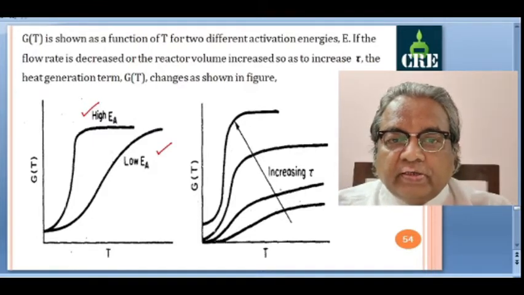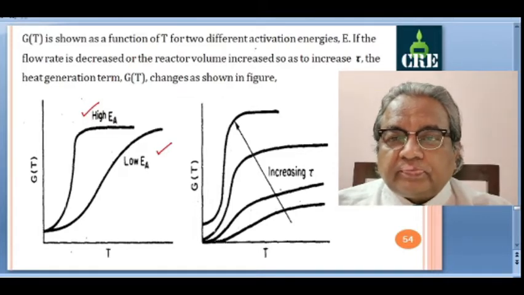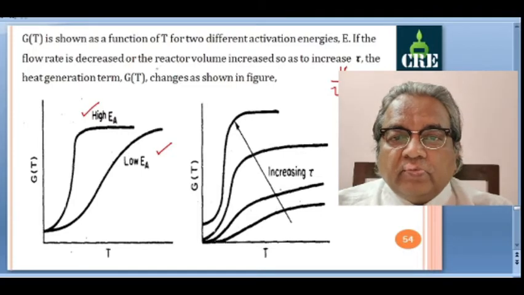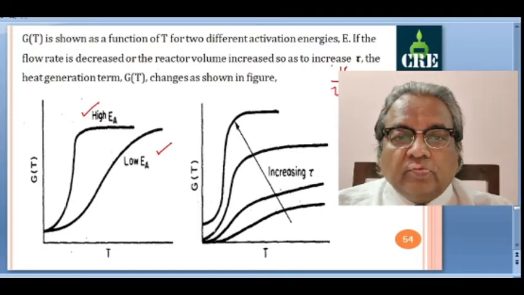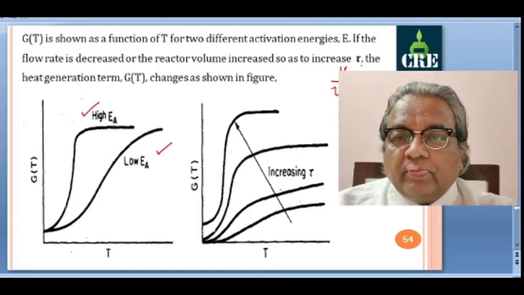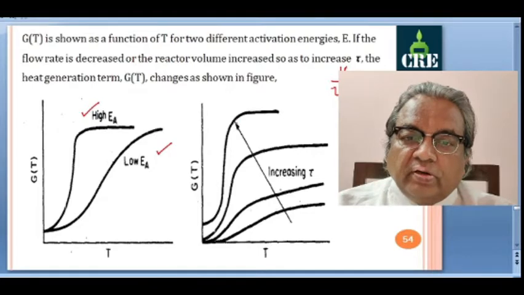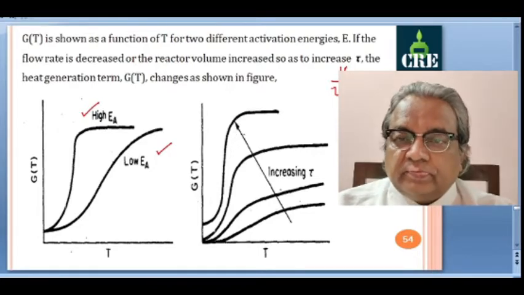If the flow rate is increased or the reactor volume is increased, tau is V by V0. So if you decrease the flow rate or increase the volume, what will happen? Tau will increase, and for increasing tau, the nature of the curves will go on changing like this.